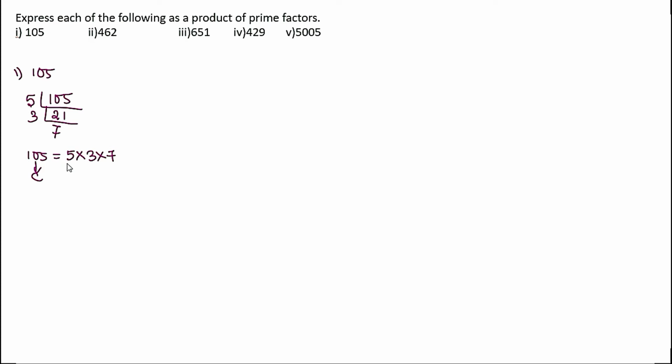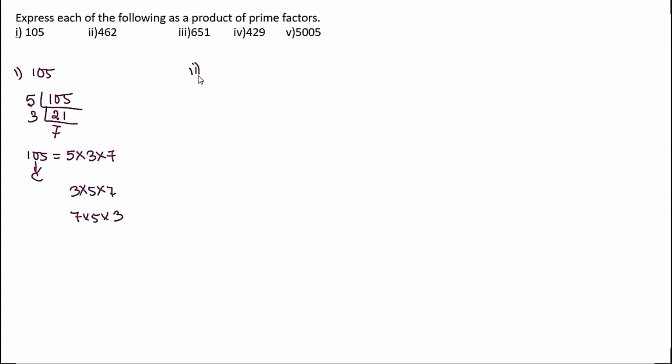Here I have given the sequence 5, 3 and 7, or now I can give the order as 3 into 5 into 7 or 7 into 5 into 3. Irrespective of the order of the prime numbers, we can express a composite number as a product of prime numbers. So this is the Fundamental Theorem of Arithmetic.